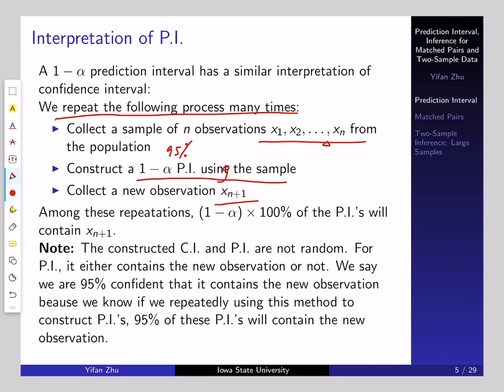After we repeat this process thousands of times, 95% of these prediction intervals will eventually contain the new observation. That's why we say that we are 95% confident that the prediction interval contains the new observation.